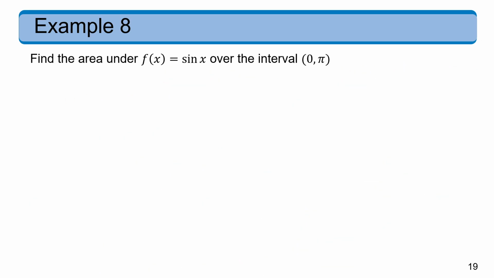We're asked to find the area under the sine x function over the interval from 0 to pi. Let's make a sketch to see what the region is we're considering here. So sine has amplitude 1, and from 0 to pi is half of the complete period.